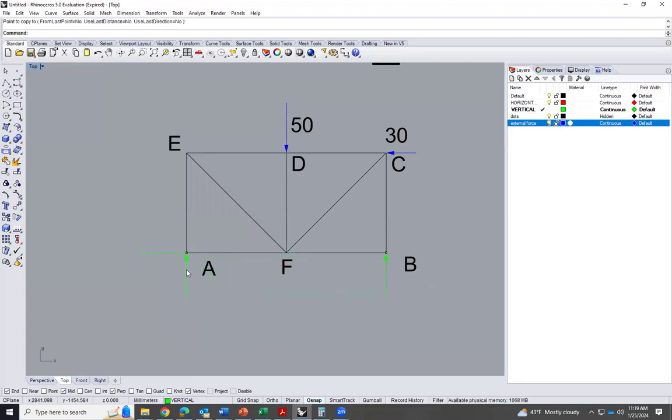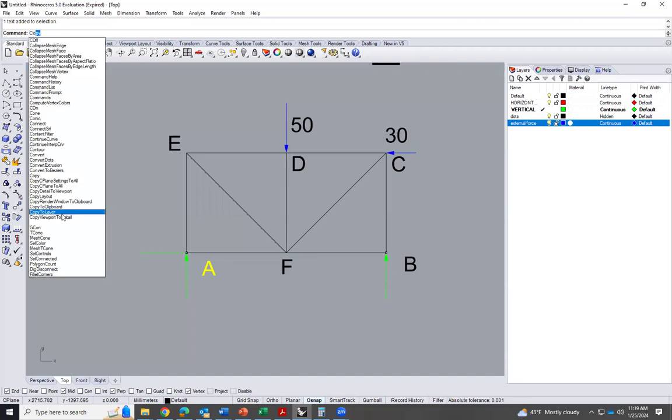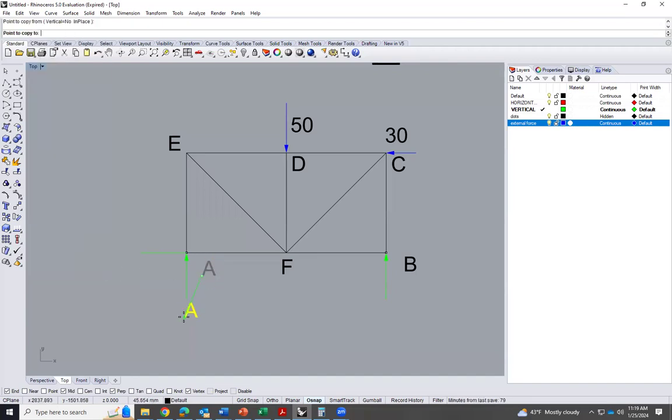Now I have to give a name to these two forces. Since we are at point A, I'm going to name this reaction A, Y. Usually the vertical axis is Y and the horizontal axis is X. Okay, so this is AY.